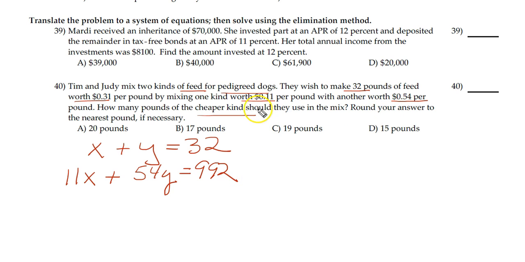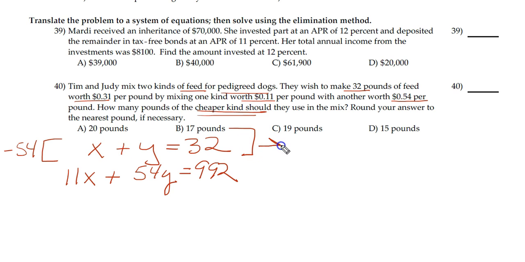Now my answer is I want to know how many pounds of the cheaper kind. So I want to get rid of the y's, so when I solve this, I can solve it for x. So what do I have to multiply this top line by so I can get rid of a 54y? And if you said a negative 54, that would be correct.